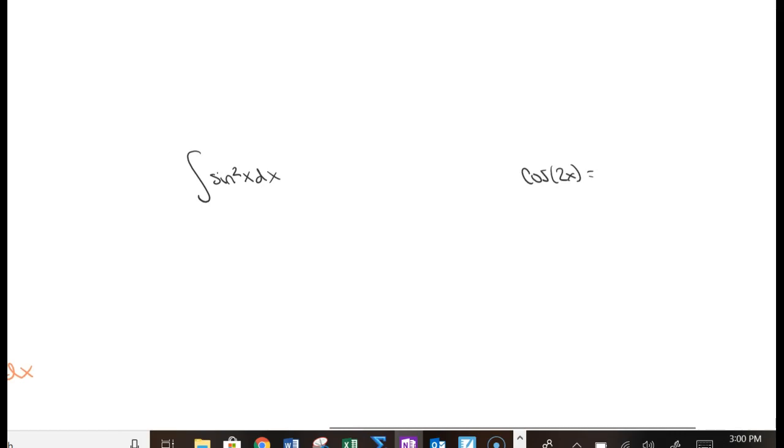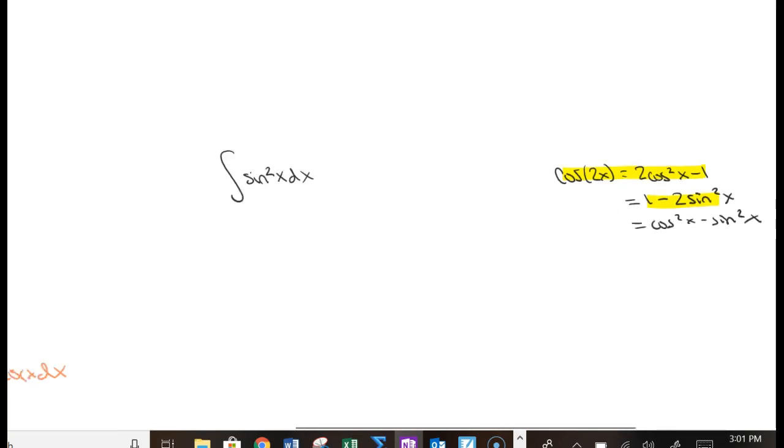It goes without saying, you also have to know the Pythagorean, but you need to know the cosine double angle identity, and in particular these 2 forms. There are 3 total. If you want the third one, it's cos squared x minus sine squared x. But you want to know these 2: 2 cos squared x minus 1 and 1 minus 2 sine squared x.